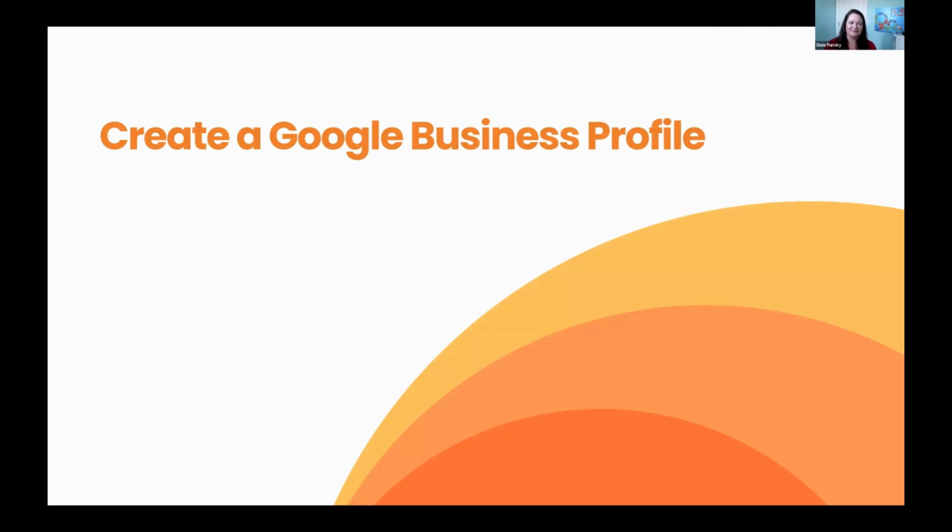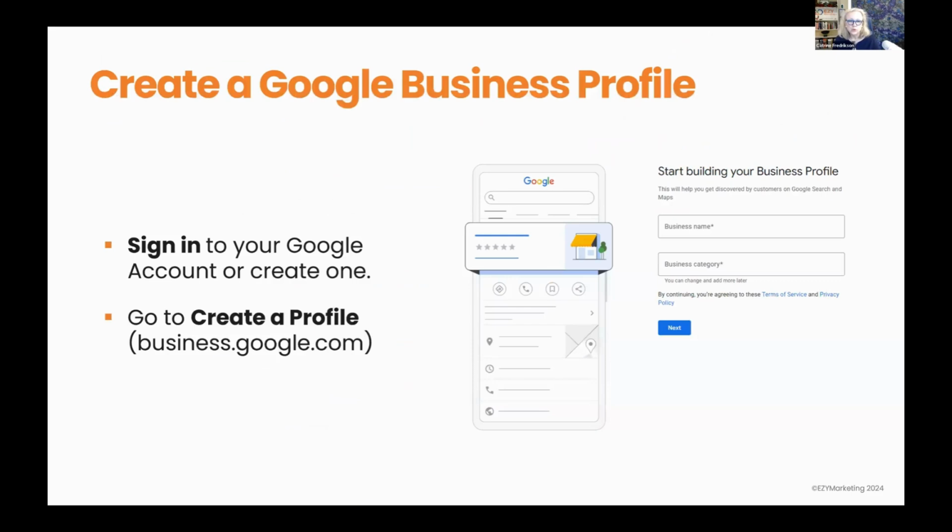So let's see, how is this done? You simply go to Google, and the very first thing you do is you open up your computer, you go to google.com, and you need to be logged in. So in the upper right corner, it doesn't show right here, is where you log in. And this is where you do not let your intern or a person in your office that is not part owner of the company do this.